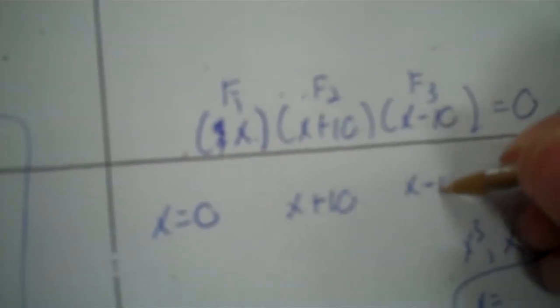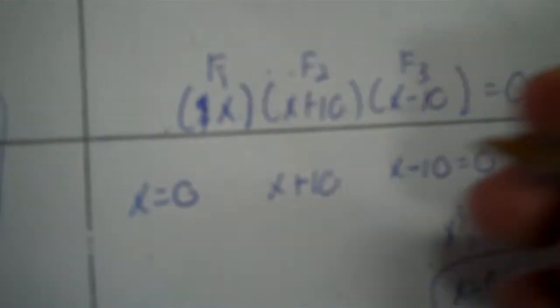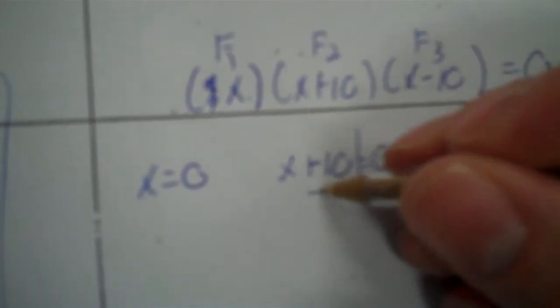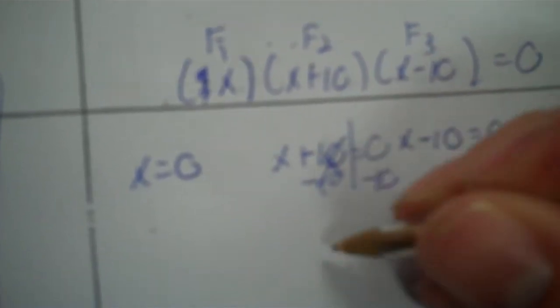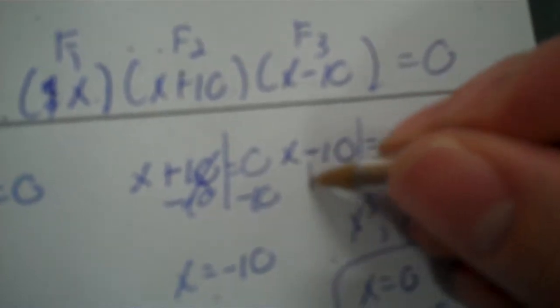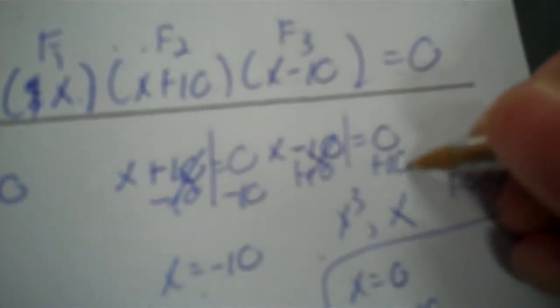It's 0 divided by 1, still 0. Okay. So you have 0. If you left the 1 in front, you just divide by 1. It's 0 divided by 1 would still be 0. Then minus 10, that would be negative 10. Then plus 10, that would be positive 10.